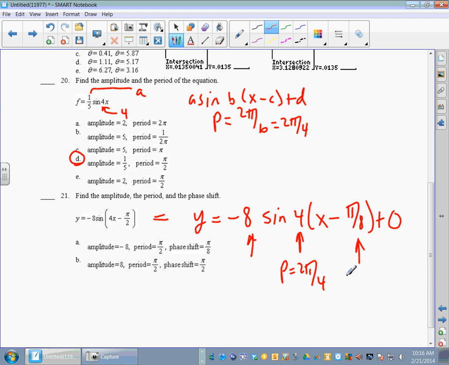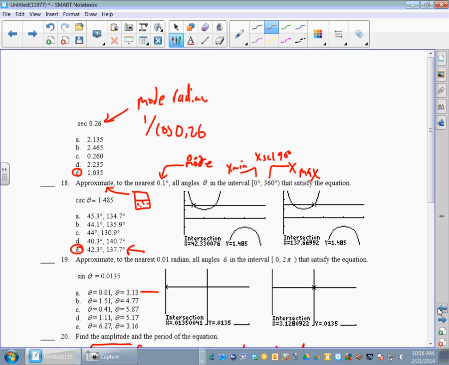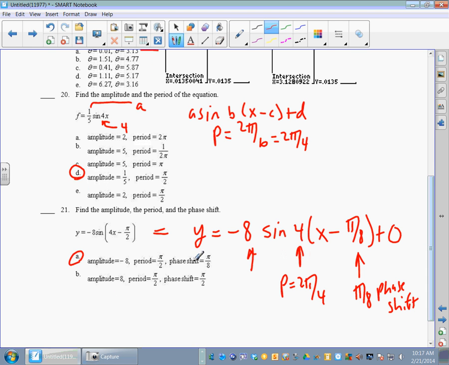Is it positive or negative phase shift when it's x minus c? It is positive. Okay, so hey, because on this test they don't distinguish the amplitude, it always has to be positive. So yeah, it looks like the answer is going to be pi over 2. Yeah, it looks like it's going to be A.